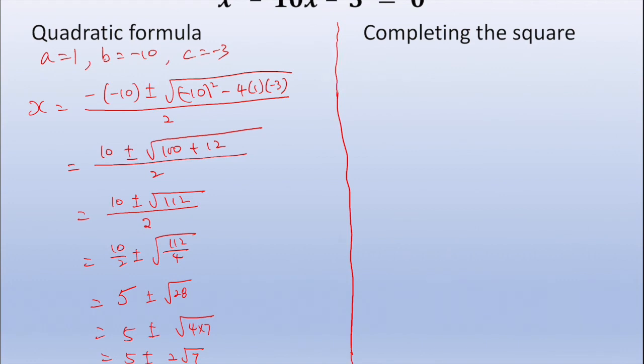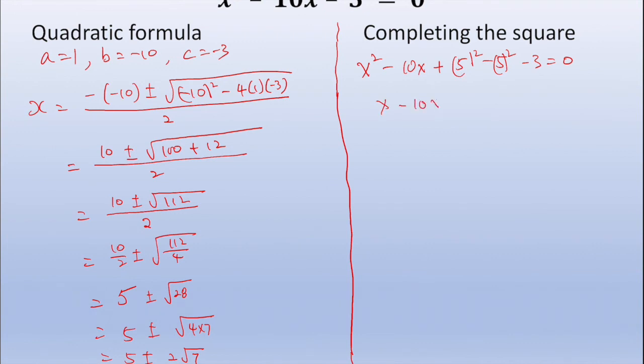Let's try completing the square. Let's have a look at solving this equation by completing the square. So we know that x squared minus 10x plus 10 over 2, which is 5 squared, minus 5 squared, minus 3 equals 0.